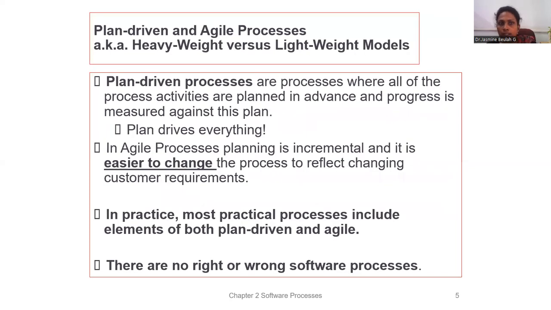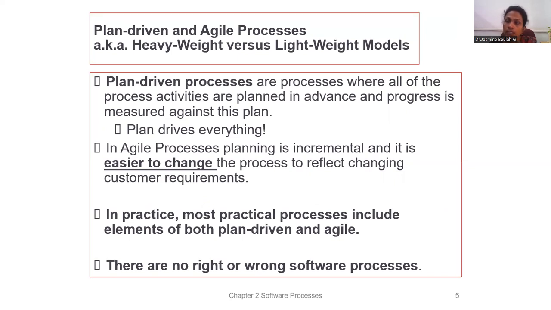And talking about the different processes, we have two different types of processes. One is called plan-driven processes, and the other one is the agile processes. In plan-driven processes, all the process activities are planned in advance, and the progress is measured against this particular plan. In agile processes, planning is incremental, and it is easier to change the process to reflect changing customer requirements.